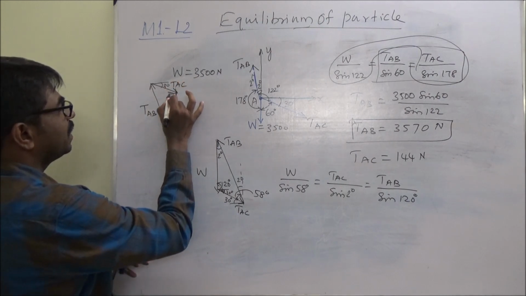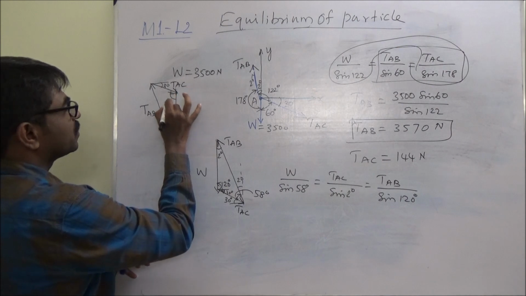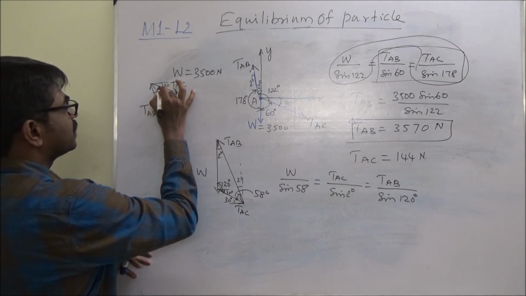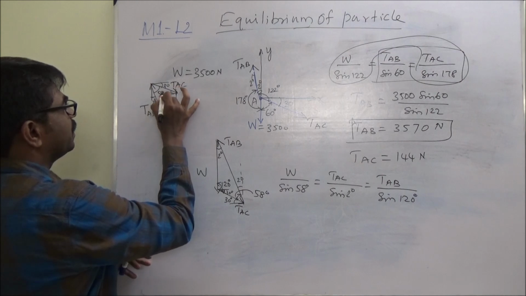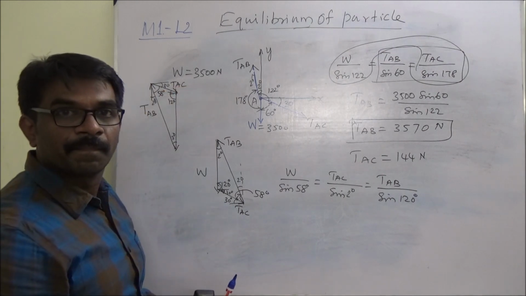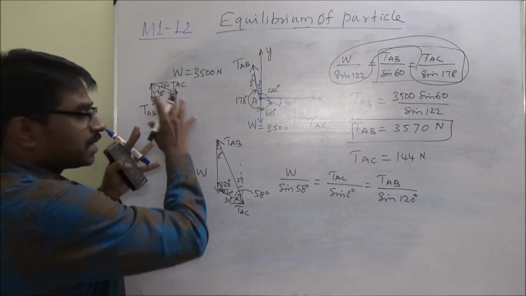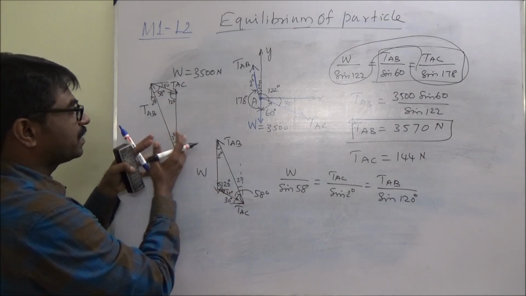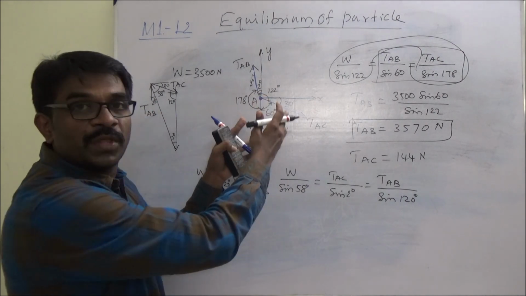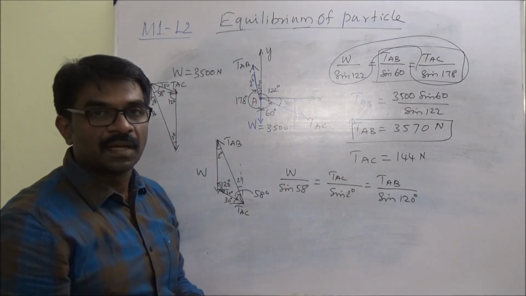This is 2 degree, and then this is 120 degree, and this happens to be 58 degree. So this is also possible. You can either make like this, or directly, if you know the angles, you can solve this problem.